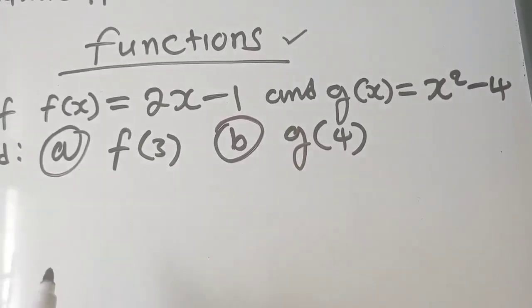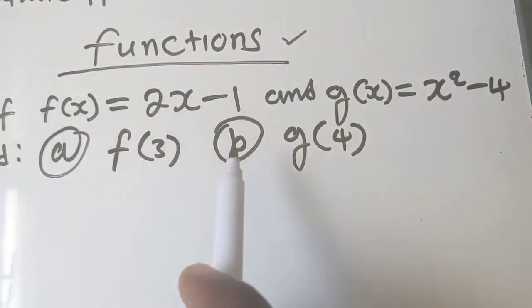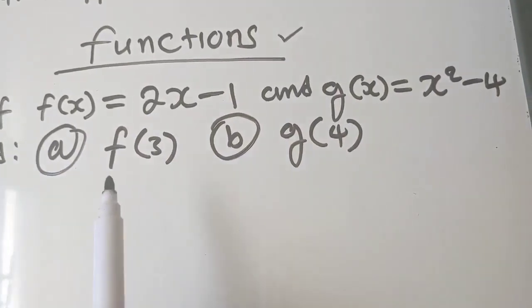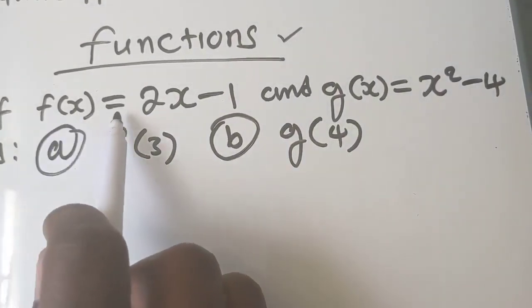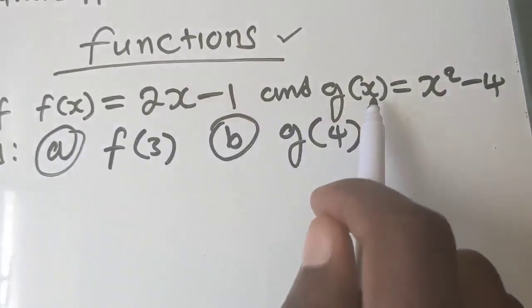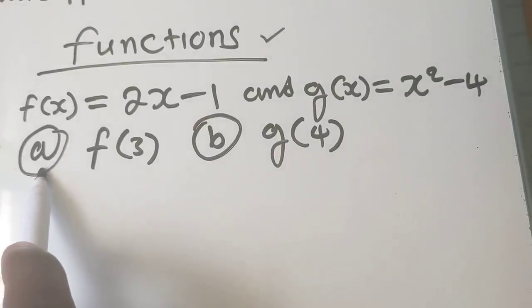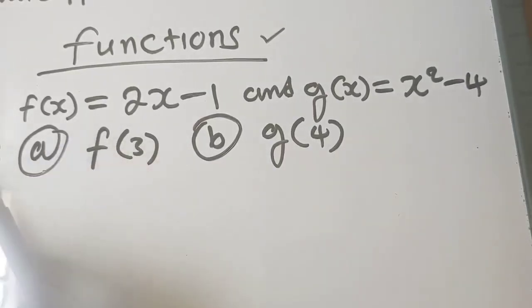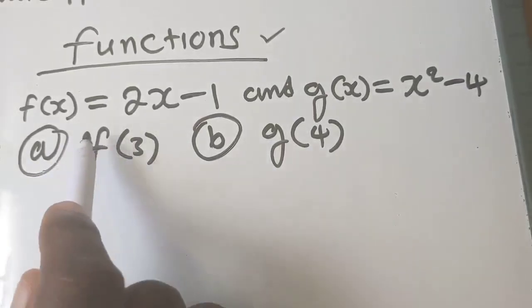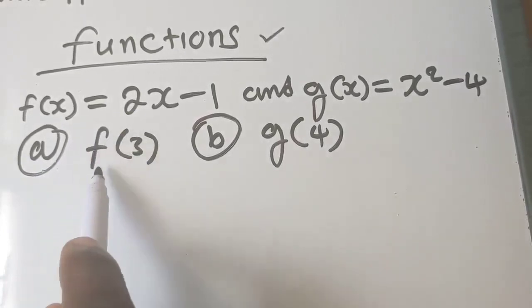So here we have these expressions. They are saying that f of x is equal to that, and g of x is equal to that. This is a, and they're asking us to find f of 3.